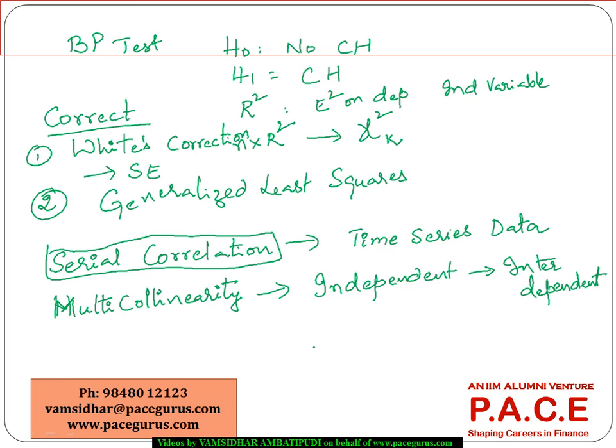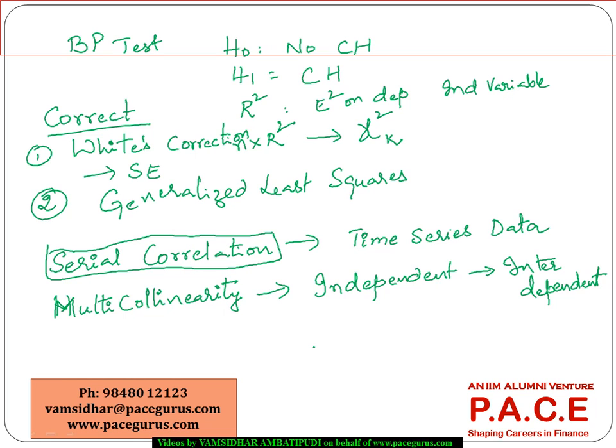I really want to know whether my independent variables are really independent or some kind of interdependency exists between them. Because of multicollinearity, standard errors will get inflated. The biggest problem is that the standard errors get inflated, which means something which should have been rejected for the null hypothesis comes out as a conclusion that we cannot reject the null hypothesis.